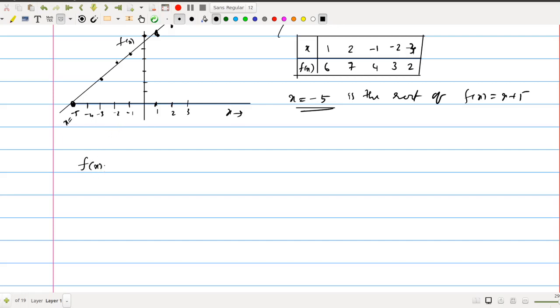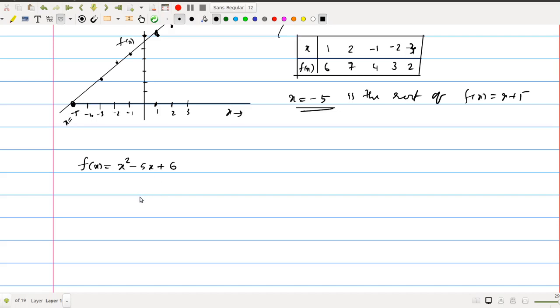So suppose we have f of x equal to x square minus 5x plus 6. I'll write a simple equation first. This is not so easy to draw the graph of.